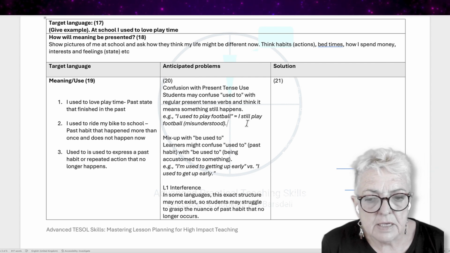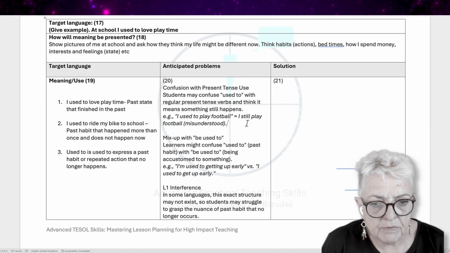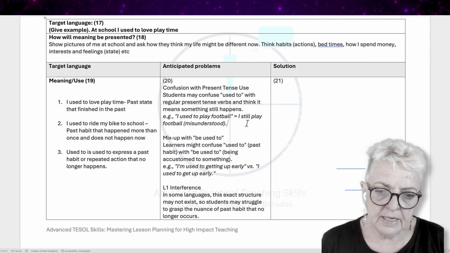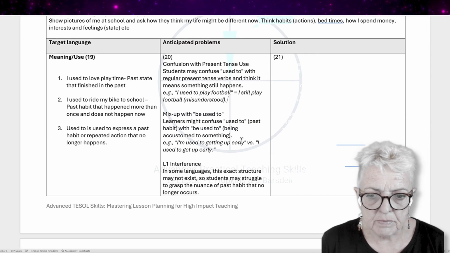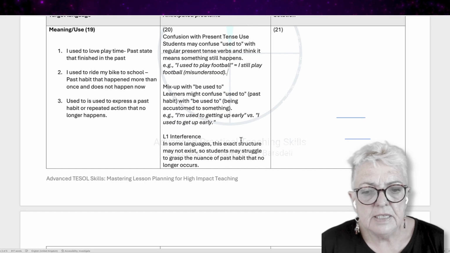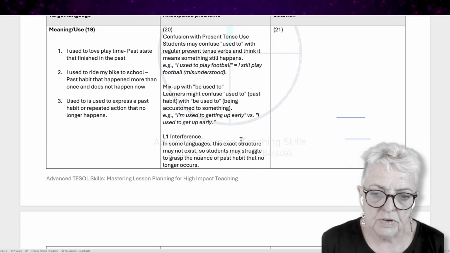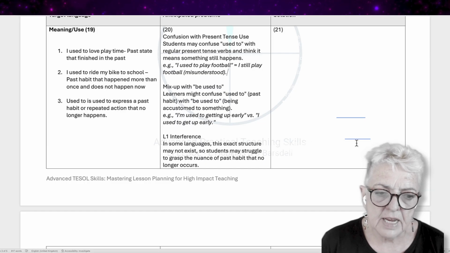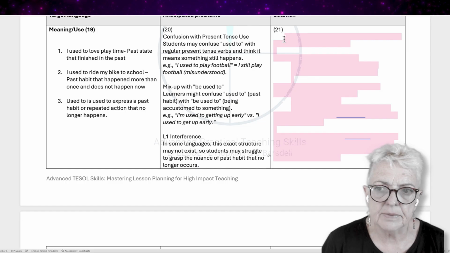So they might, which is obviously different structure and different meaning, and they do tend to confuse these two, but it's more likely the other way around. However, there's that possible confusion. L1 interference. So in some languages, the exact structure may not exist, so students struggle to grasp the nuance of past habit or state that no longer happens or exists.